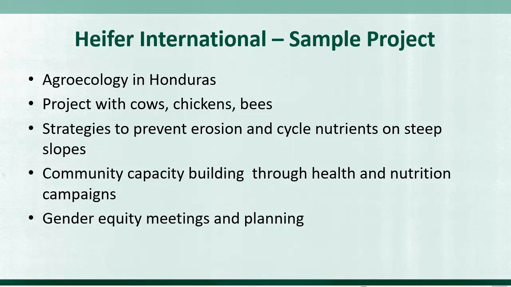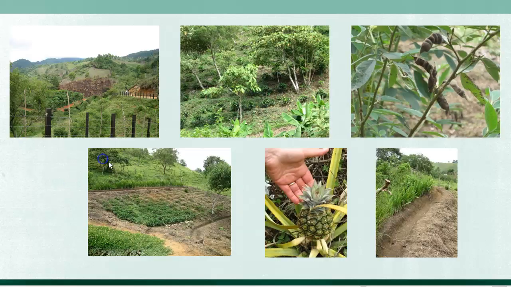These projects also involve a lot of community capacity building, getting teams of community members to work together to solve their own problems, not only nutritional issues, but also health campaigns, often focusing on women's health. There's a lot of gender equity meetings and planning in these particular projects too that you can explore a little bit as you look into the Heifer International projects, not only in Honduras, but in other parts of Latin America and other parts of the world.